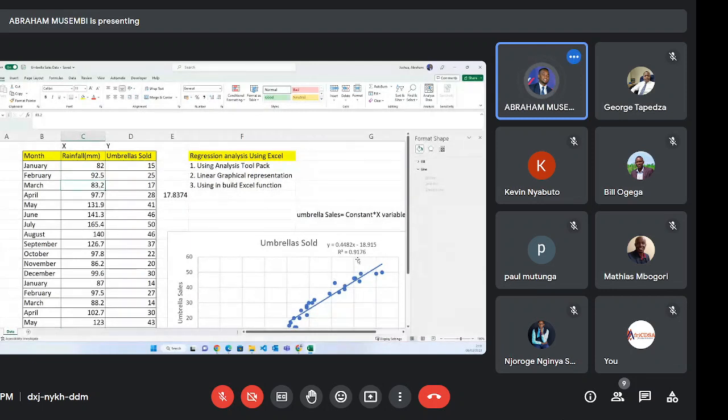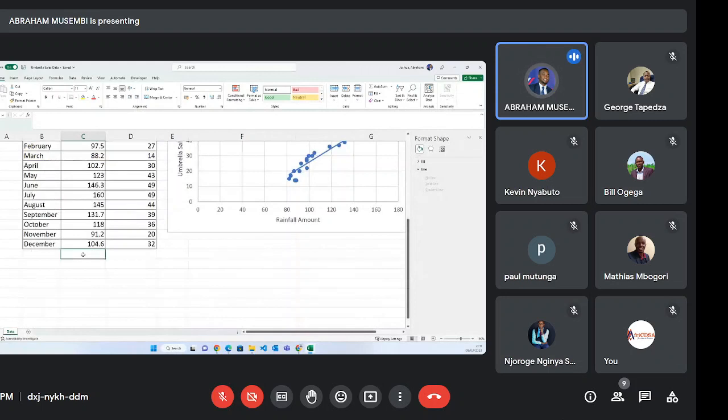So with that, we can try to predict the amount of umbrella sales given the amount of rainfall. We can always create a formula here, which will give us such a trend.